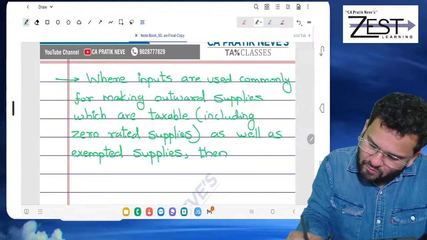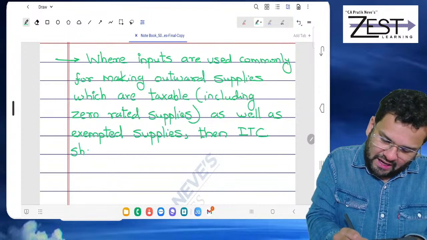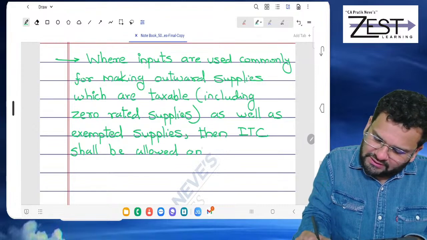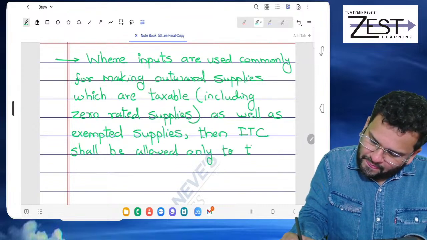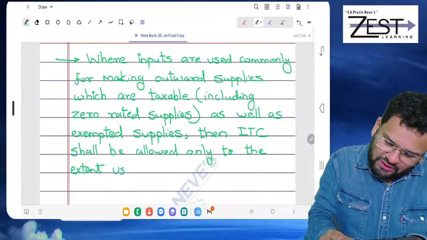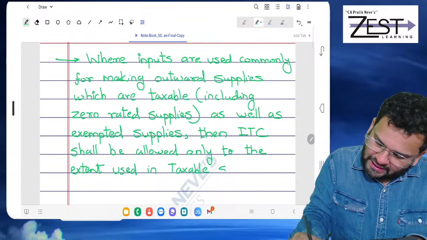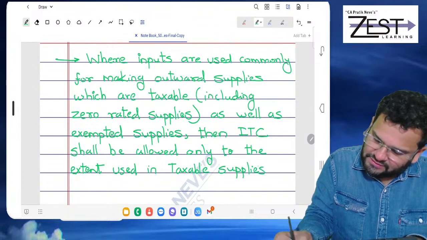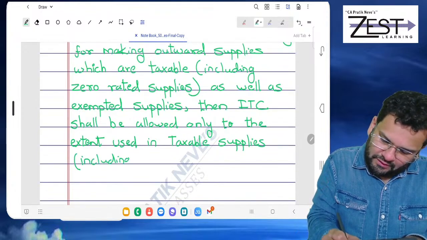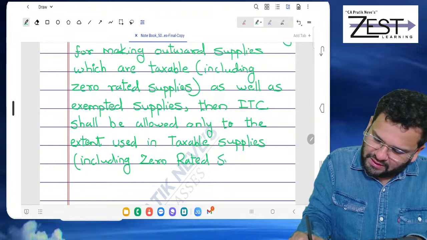then input tax credit shall be allowed only to the extent used in taxable supplies, including zero rated supplies.